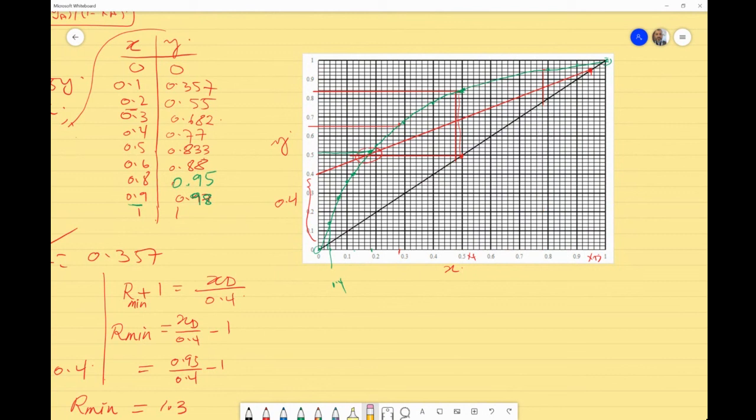I will remove this one. There's no need for this one, because we're going to have another intercept.